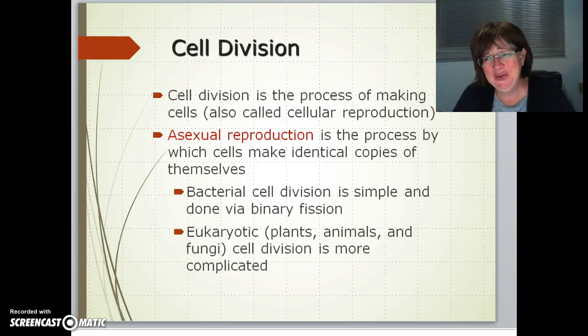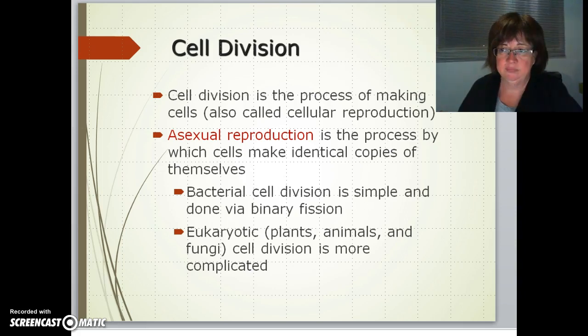Now we're going to get into the cellular processes inside the cell, and the first one is cell division. Cell division is the process of making new cells, and there are two types of cell division. One is where cells just divide, called asexual reproduction, and you make identical copies of themselves.